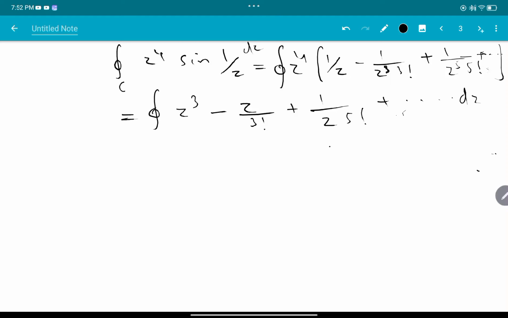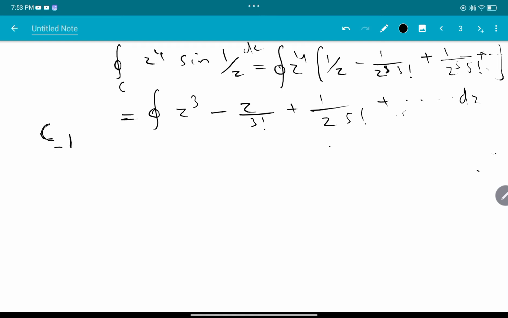Since there are infinite terms which contain z in the denominator, this z equal to 0 is an essential singularity. You cannot remove it. Now, what to do? In this case, you have to directly identify the term with n equal to -1, and the coefficient of that term, c_-1.